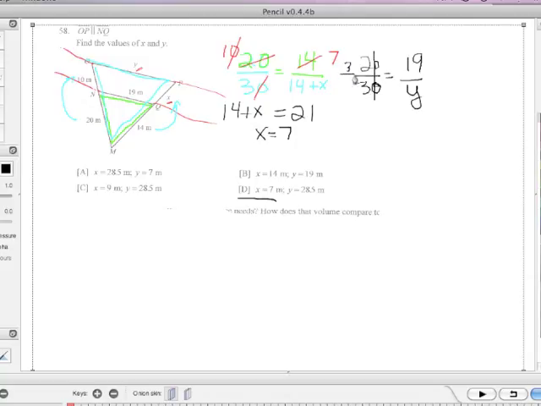Multiply both sides by 3/2, and multiply both sides by y. And you can see these cancel. So y is equal to 19 times 3 divided by 2. 19 divided by 2 is 9.5, times 3 is 28.5, which double checks with that right there.